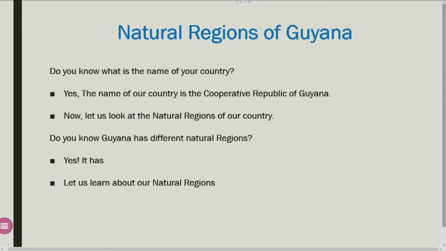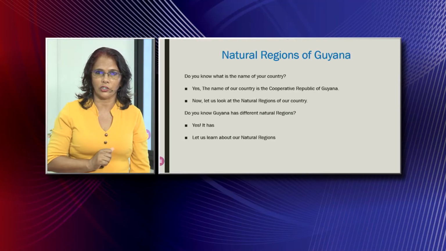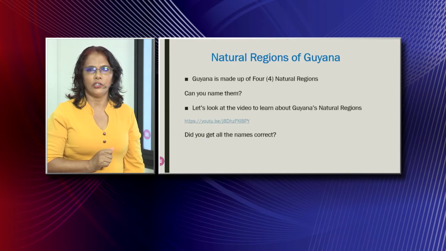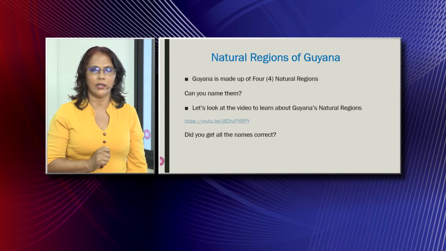Do you know that Guyana has different natural regions? Yes, it has. Let us learn about our natural regions. And remember, Guyana is the short way of saying the name of our country.